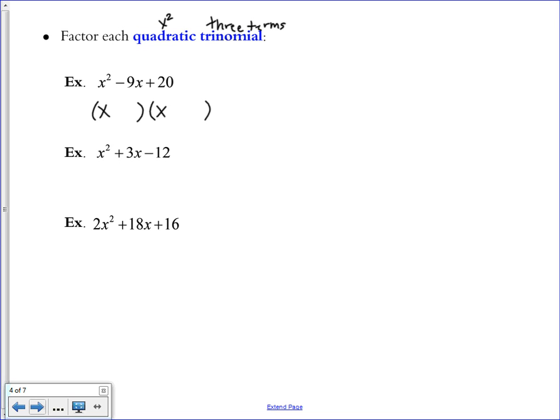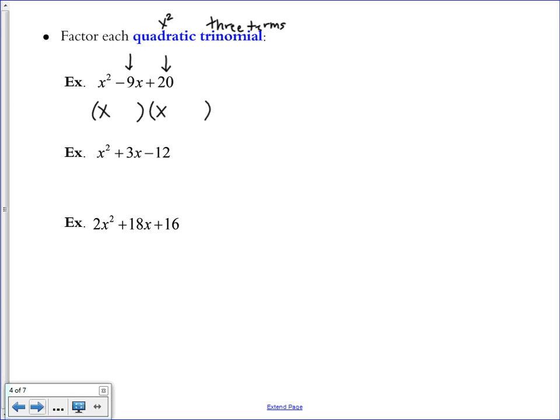Then we want to look for factors that multiply to make 20 and add to make negative 9, because the last 2 numbers in these parentheses have to be factors of positive 20, and then when you add the middle terms together to combine like terms to get negative 9x, they have to add up to that coefficient negative 9.